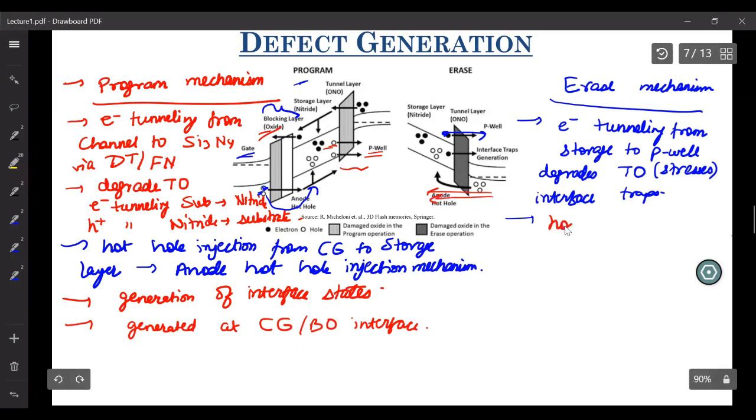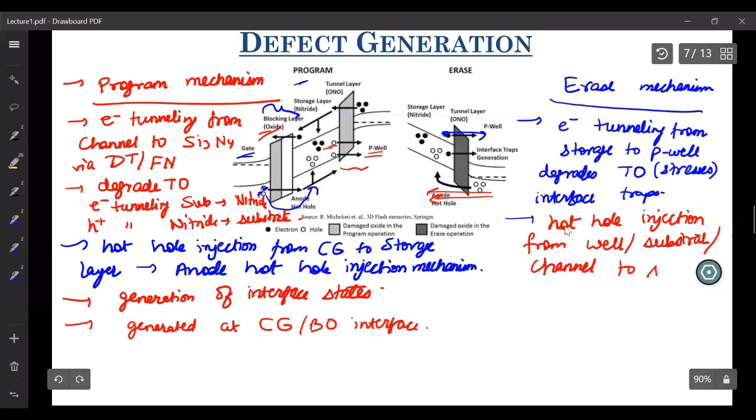So there can be hot hole injection from your well, substrate or channel to your storage layer. And what this does is, it not only degrades the TO, but it also degrades your storage layer.